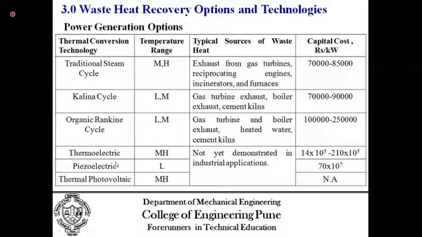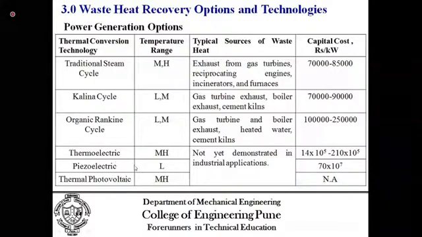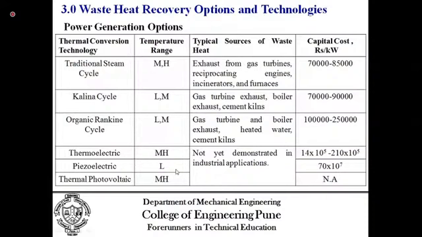Thermoelectric is medium to higher, piezoelectric is low energy, and thermophotovoltaic is again medium to higher. They are not yet demonstrated in industrial application. They have been tried in laboratories and were successful, but industry has not yet tried.